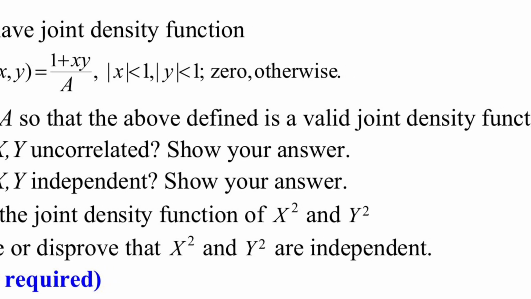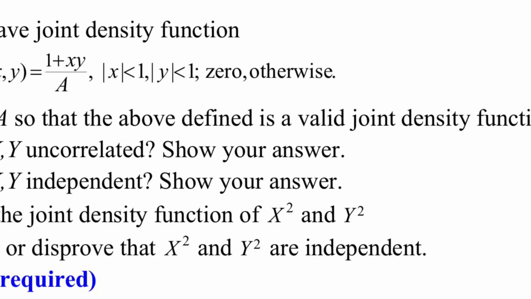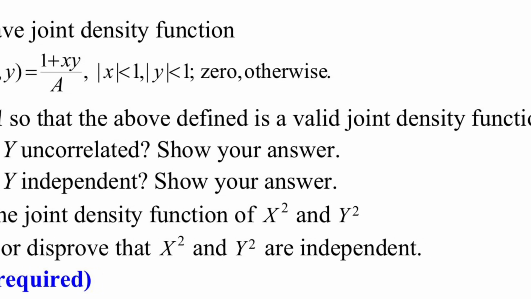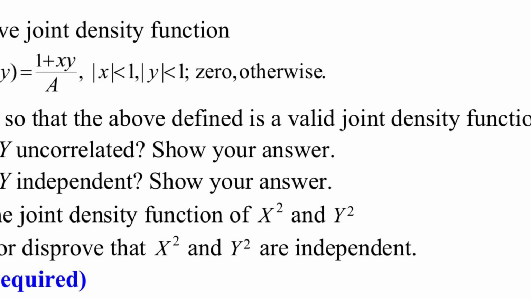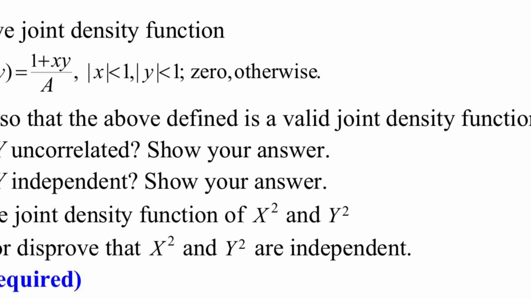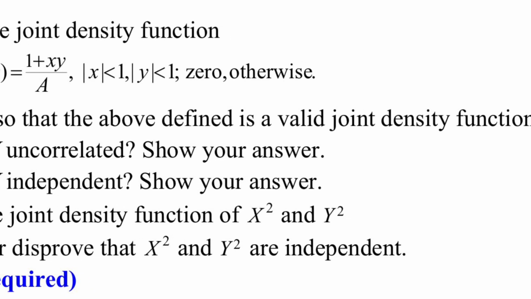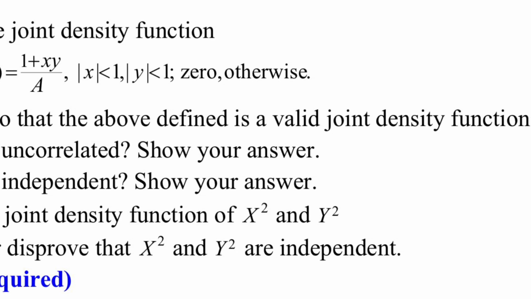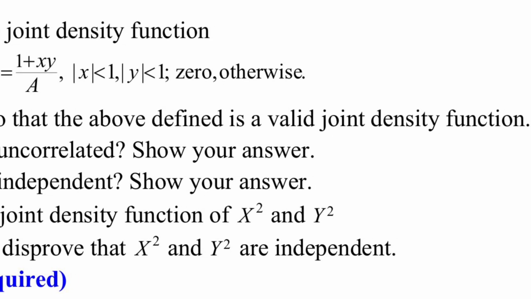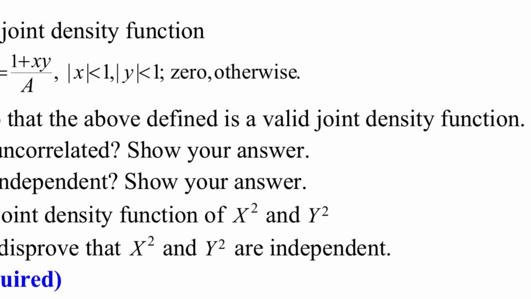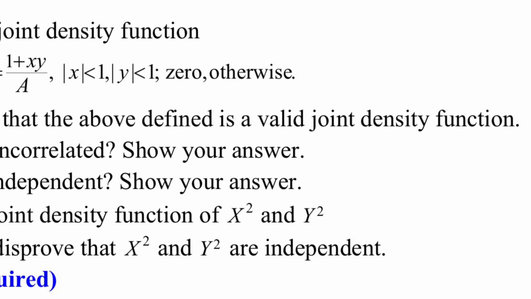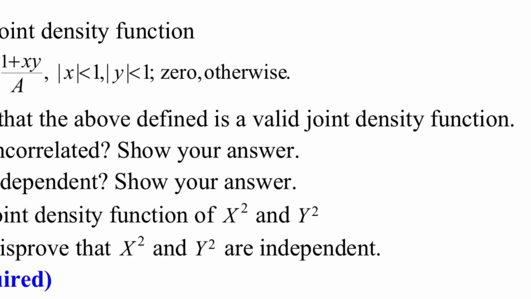Show your answer. Question 4 is find the joint density function of capital X square and capital Y square. And question 5 is prove and/or disprove that capital X square and capital Y square are independent.